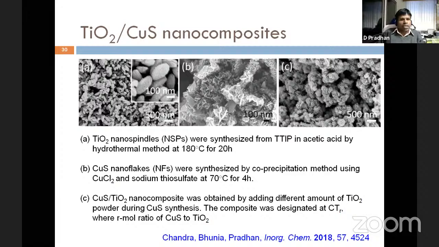It was synthesized by a solvothermal process by adding different amounts of copper sulfide to the solution to produce a heterostructure of CuS and TiO2. The composites were designated as CTR, where R is the mole ratio of CuS to TiO2. Depending on how much copper sulfide was added to the TiO2, the mole ratio was assigned.